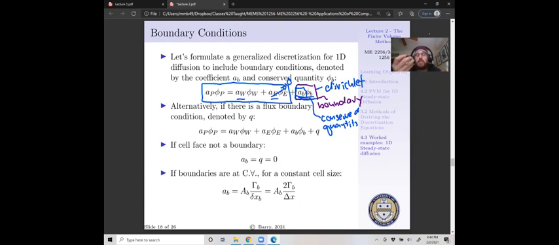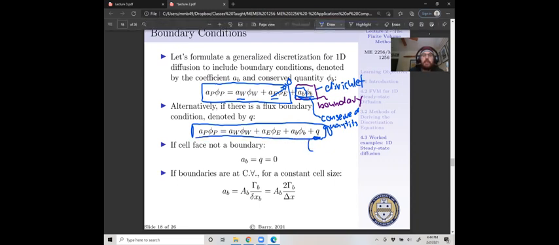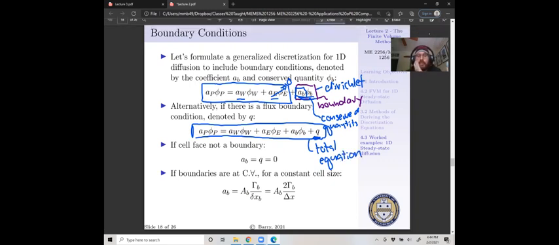Now, most texts don't do this. I like to do this because it's a really good way to check yourself that you're actually taking that delta x divided by 2 correctly into account. That's a great way to modify our equation for a Dirichlet boundary condition. Now, if we have a flux, we're going to simply tack on Q. So we've expanded our equation to simultaneously include Dirichlet and Neumann boundary conditions.